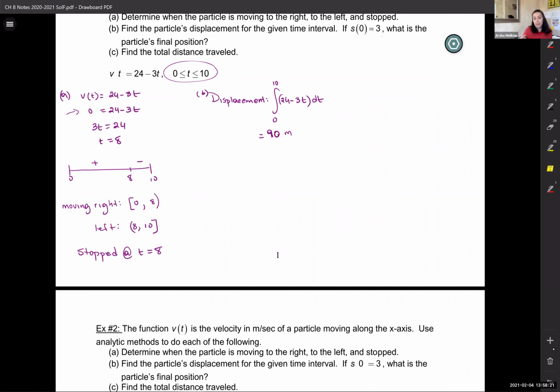If the displacement is 90, that means the particle is now 90 meters to the right of where it was at the beginning. Okay? So the particle is 90 meters right of where it started.